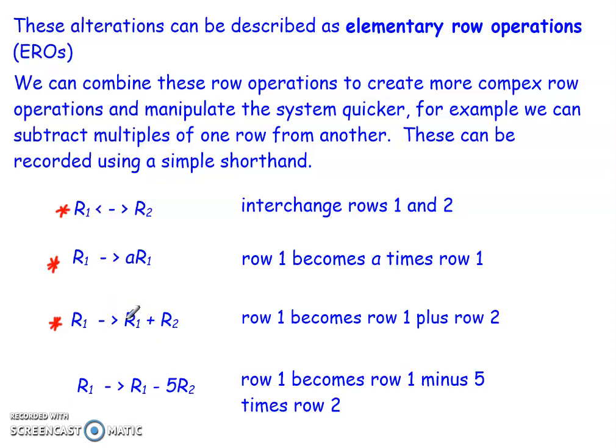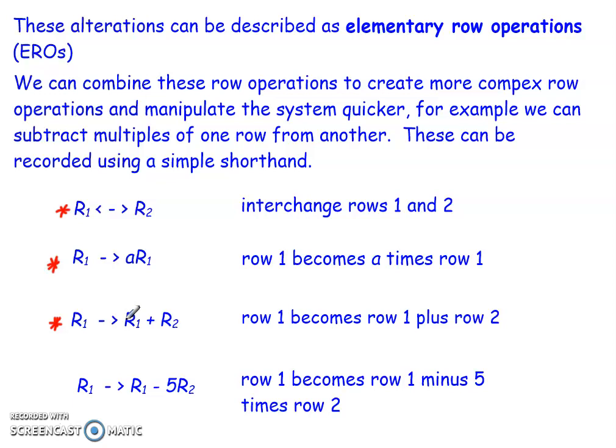So I take row 1 and I combine it with row 2, and that now becomes my new row 1. And again, this holds because we're being constant and consistent with combining the x parts, the y parts, and the solutions together, or any other variables as well, obviously. In a 3x3 matrix, we've got z's as well, etc.